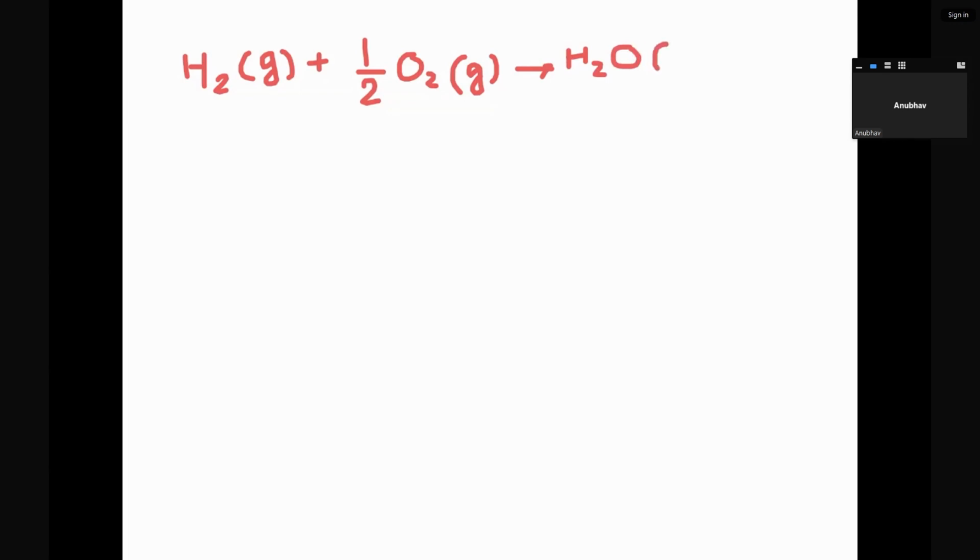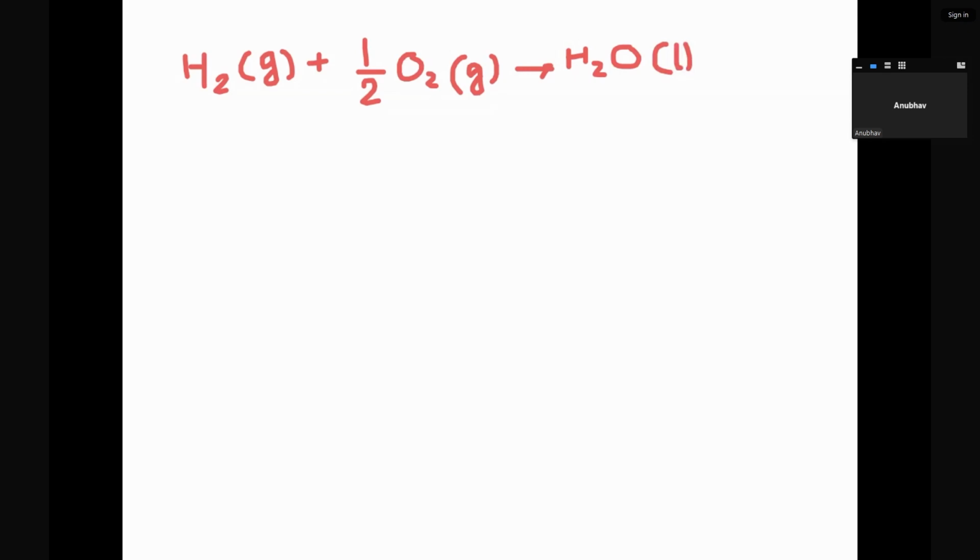We have the H2 gas. We have the O2 gas. So if H2 plus half O2 gets combined, it will be H2O, and it will be formed in the liquid state.